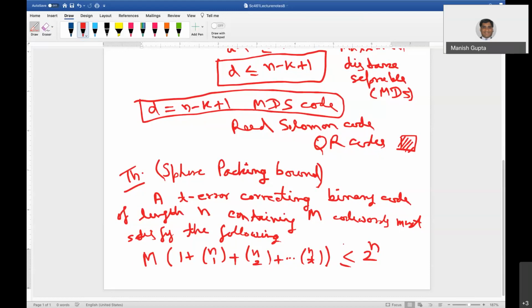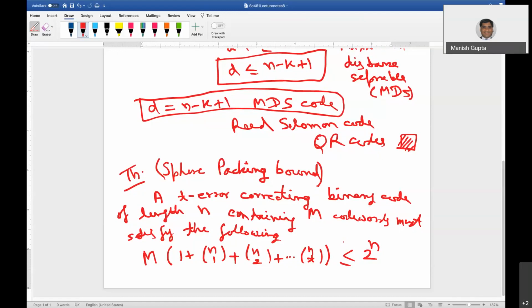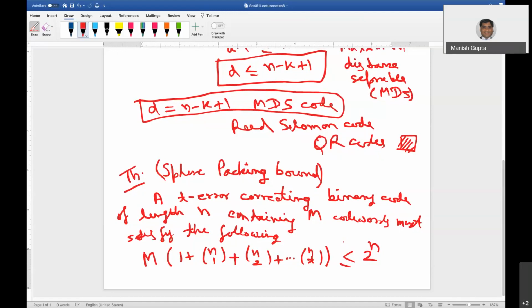This is a very nice result, and I am mentioning it first for the binary code; I will also explain it for q-ary code.